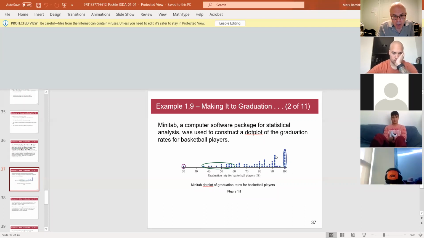There's another large group at 90, maybe 92. And there's another one here, and a couple of others that have some values in them. So it looks like most of the values are higher values, higher graduation rates, and you have a few that are smaller graduation rates.